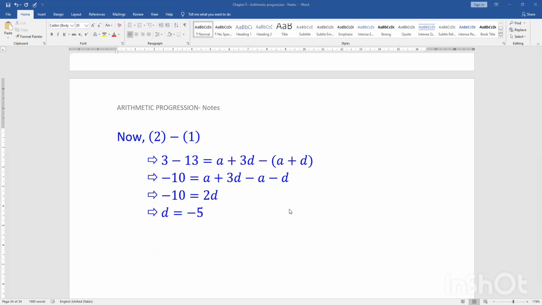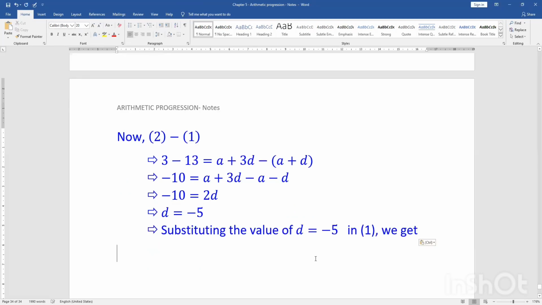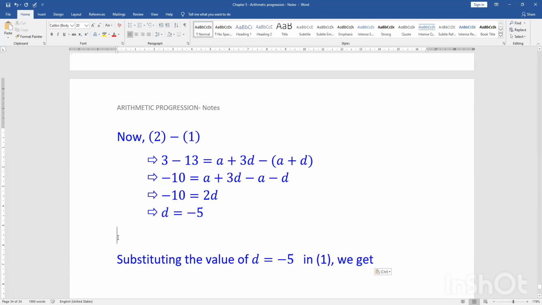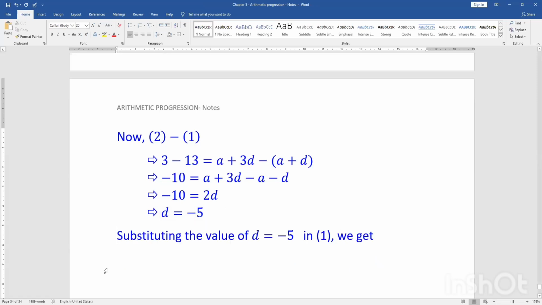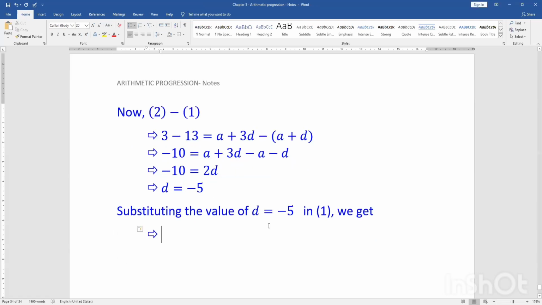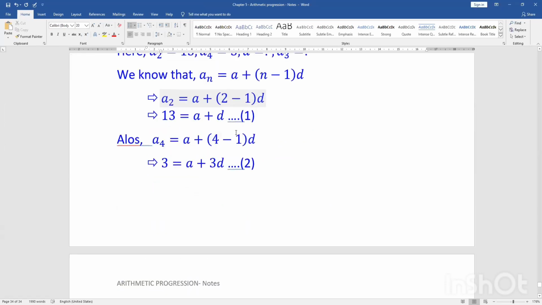Now in the next step, substituting the value of d equals minus 5 in equation 1, we get it as. So let us take that equation 1, children.